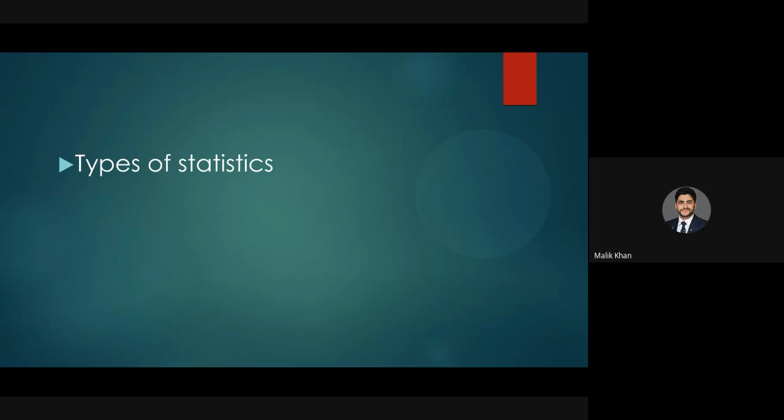So what is the clinical significance of this? When I'm doing a research study, let's suppose I want to look at the association between smoking and lung cancer. I took 50 people who are smoking and 50 people who are not smoking.